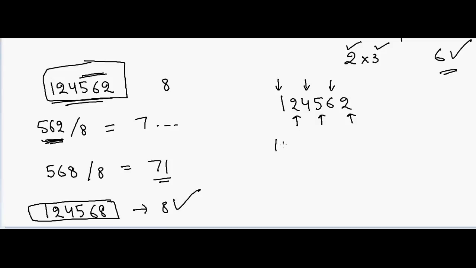So 1 plus 4 plus 6 is 11, and then 2 plus 5 plus 2 is 9. If I subtract 9 from 11, that gives me 2, and 2 is not divisible by 11, so this number should not be divisible by 11.